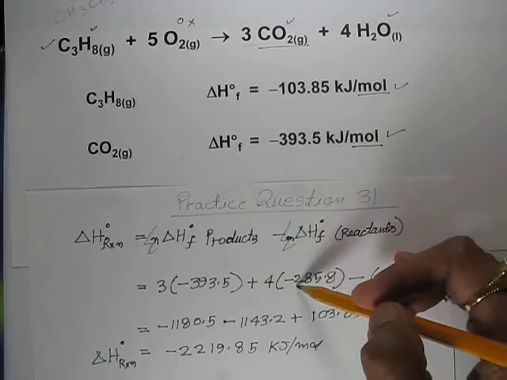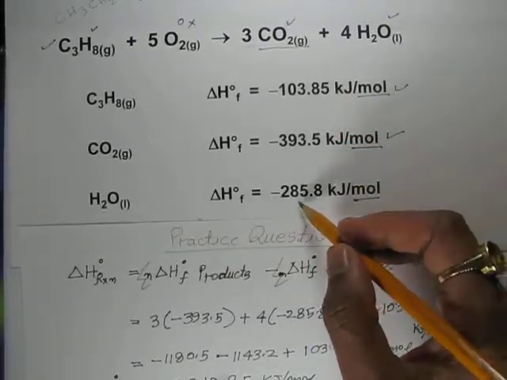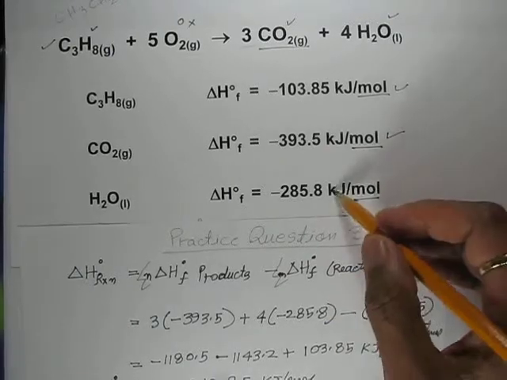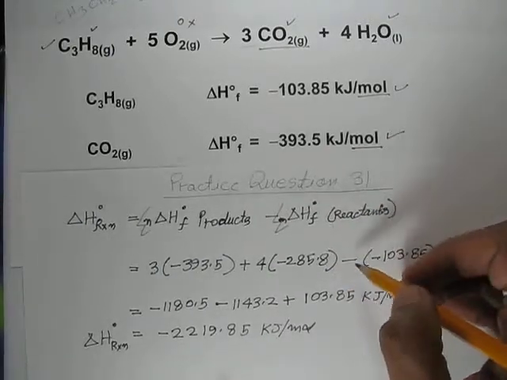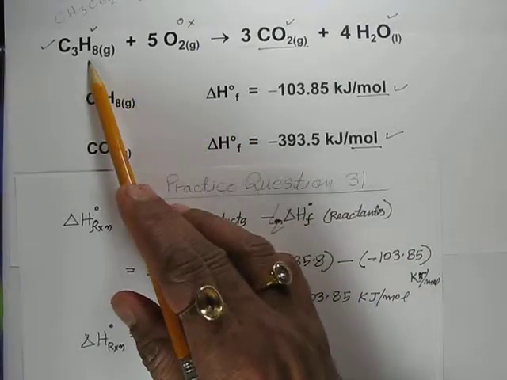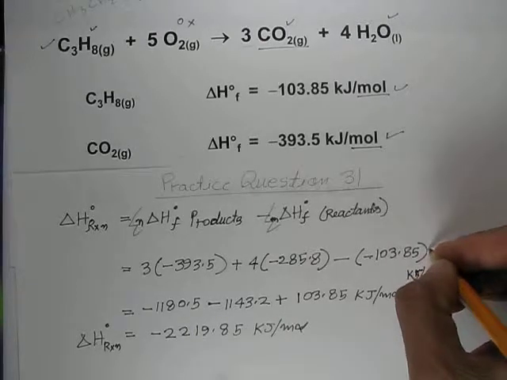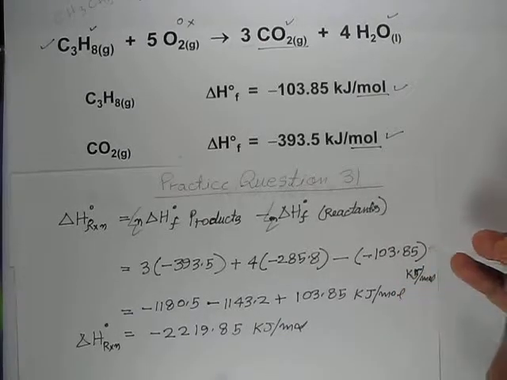So 4 multiplied by the enthalpy of formation given for water, minus 285.8 kilojoule per mole, and then subtract the enthalpy of formation of propane gas. I can add plus oxygen also, but it will be 0.